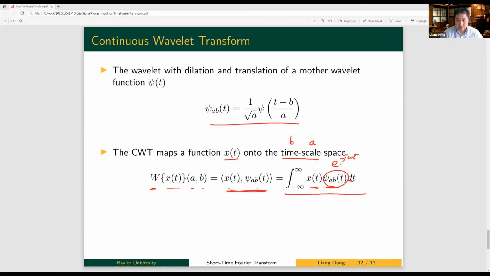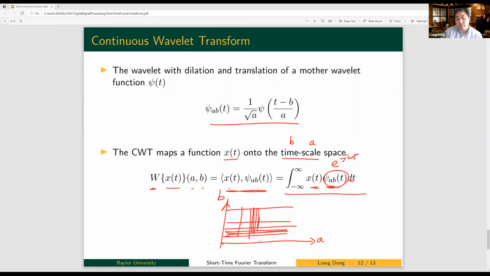So on the x-axis, let's look at this a and b. Let's just do some grid. People like to use some grid like that. It becomes denser and denser. And here, a becomes denser and denser in this direction.